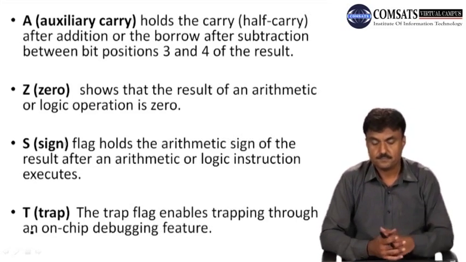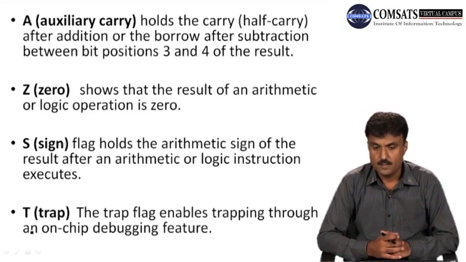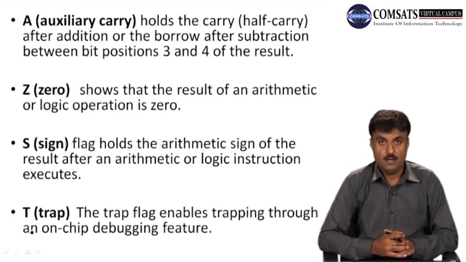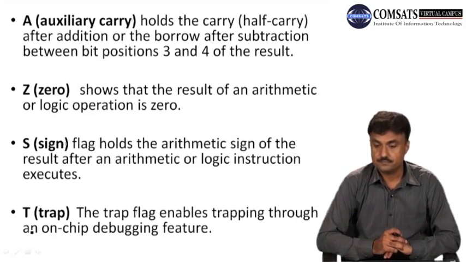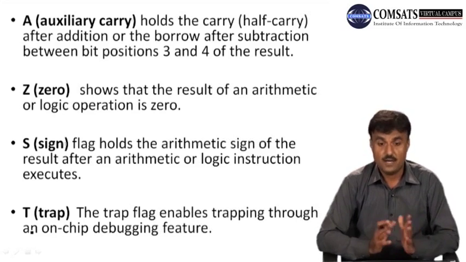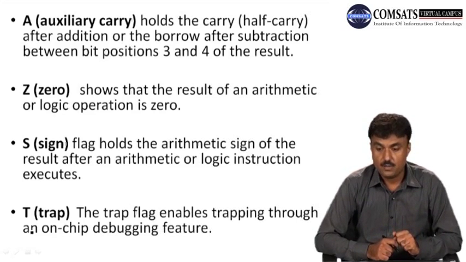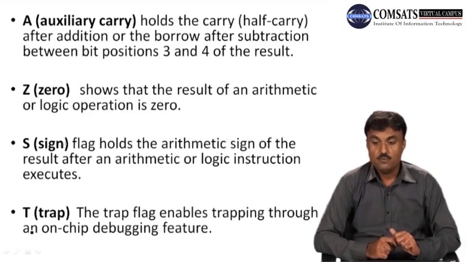So there is another flag bit called the auxiliary carry. This auxiliary carry holds the carry or half carry after addition, or borrow after subtraction, between bit position 3 and 4 of the results.